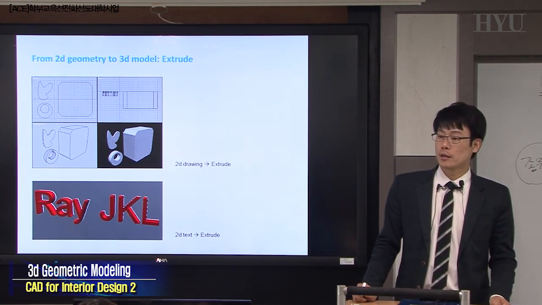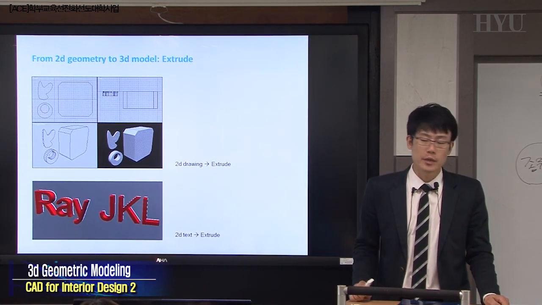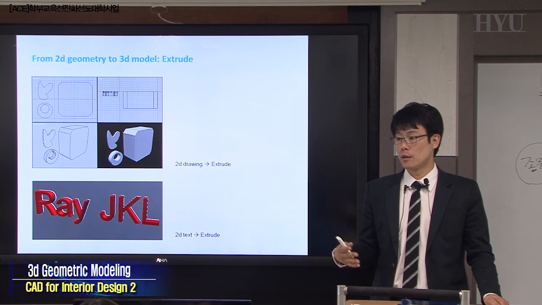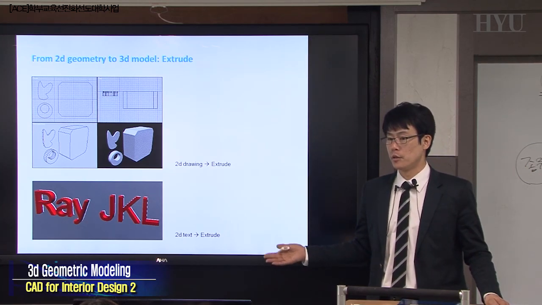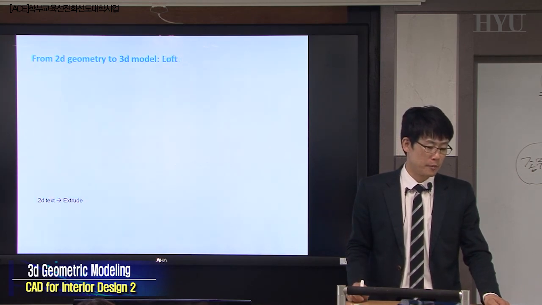Whenever you can get 2D geometry, it is subject to being extruded. You can extrude it from some auto-generated 2D section or an imported 2D section, whatever. We're going to review that part too.